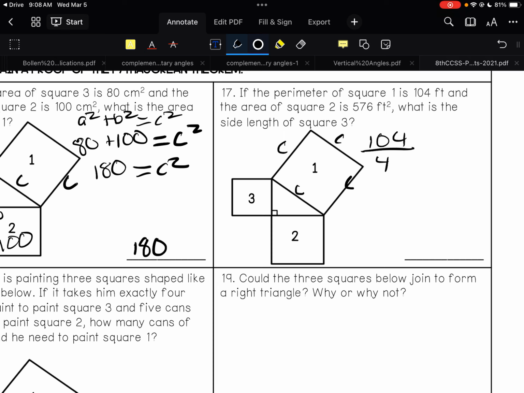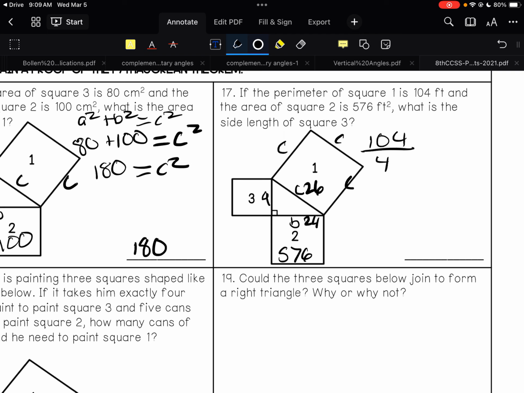So 104 divided by 4 is equal to 26. And then the area of 2 is 576. So you have to take 576 and find the square root of it to find the measure of B here. So the square root of 576 is 24.